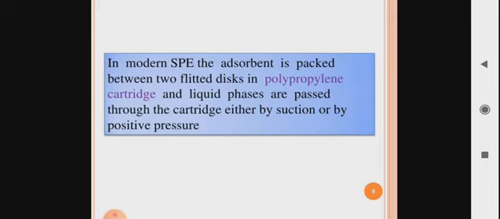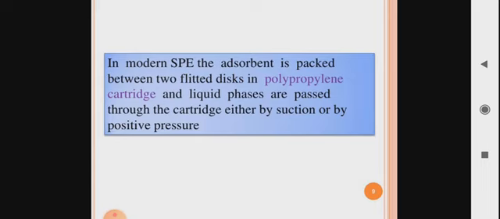A solution in a small quantity can also pass through the syringe with the help of a pump, suction or positive pressure, and separate out undesirable constituents from the desirable ones, and then separate out the analytes from the mixture.